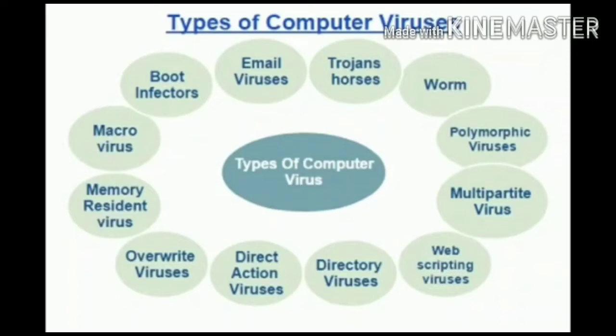Here are some of the different types of computer viruses, so let us have a look at them. Email viruses, Trojan viruses, worm, polymorphic viruses, multipartite virus, web scripting viruses, directory viruses, direct action viruses, overwrite viruses, memory resident virus, macro virus.